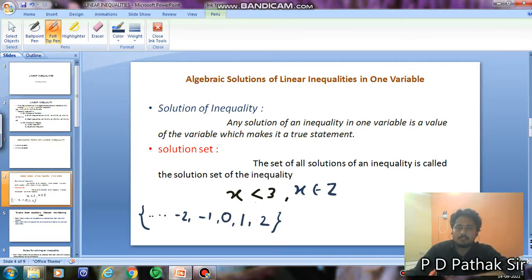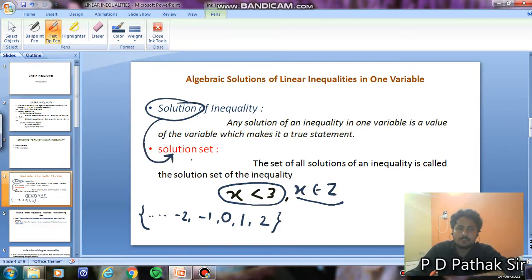So this is the solution set for this linear inequality in one variable when x belongs to Z. If we make the set of all the solutions, then it is called the solution set. So what is the solution of inequality and what is solution set?